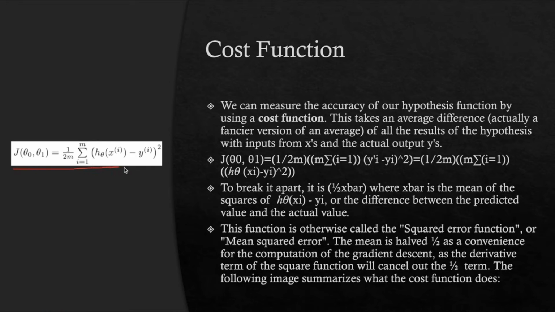So this is our cost function, which we will use to minimize J of theta 0 and theta 1. We can measure the accuracy of our hypothesis function by using a cost function.